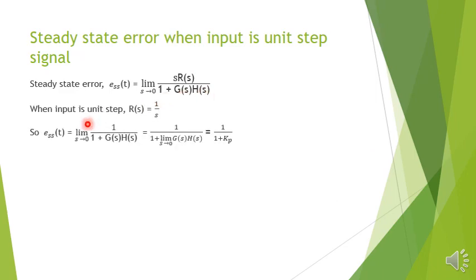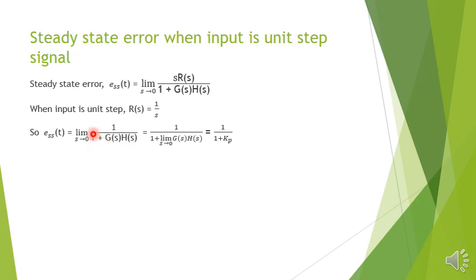When input is unit step, R of s equals 1 by s. So if I substitute R of s equal to 1 by s here, what happens? This s and this s get cancelled. So steady state error becomes limit as s tends to 0, 1 by 1 plus G of s, H of s.